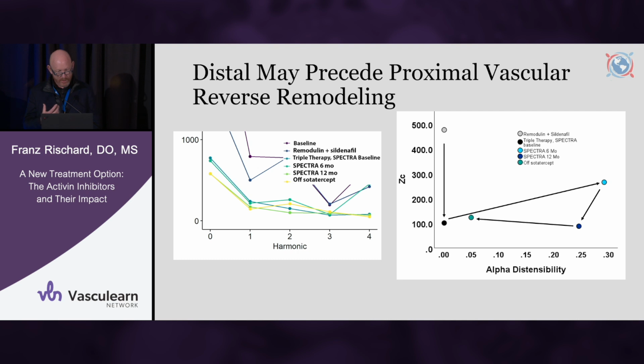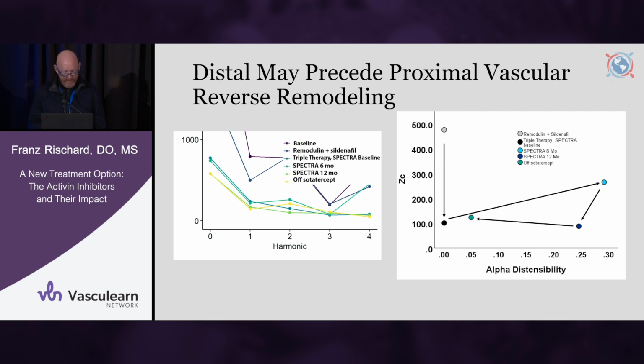In other words, what we think may be occurring is that the distal circulation, as indicated by distensibility and by the impedance spectrum, may precede improvement in the proximal vasculature or potentially reverse remodeling of the pulmonary vasculature.